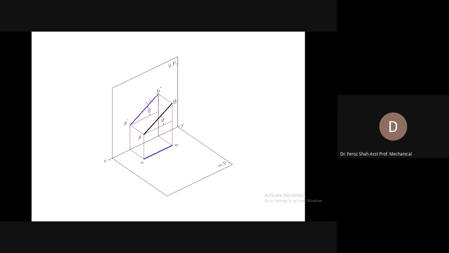The length of the top view is dependent on theta. Top view and theta are inversely proportional. You can see that the top view of this line AB has been shown here, as the top view will always be formed on the horizontal plane and would be shown with a small case letter without a prime on it.